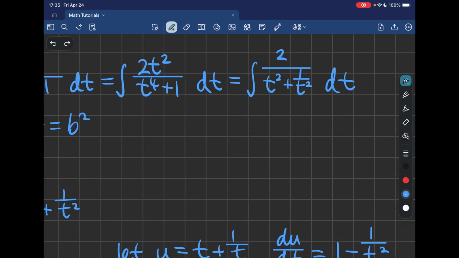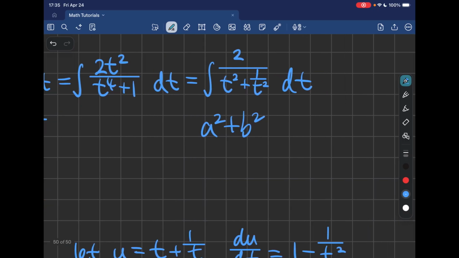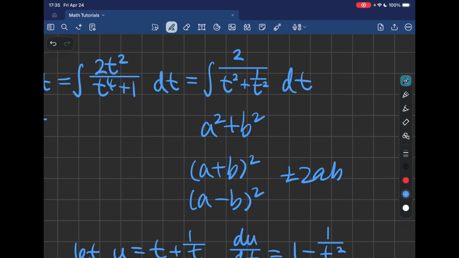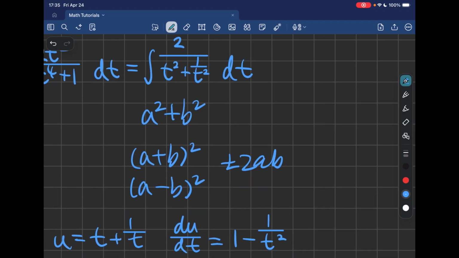And by looking at this, it reminds us of a² + b², right? And a² + b² is related to (a + b)² and (a − b)² by plus or minus 2ab, as I've talked about before. And if you observe a little more, you'll find that if t is a and 1/t is b, then plus or minus 2ab will just be plus or minus 2.